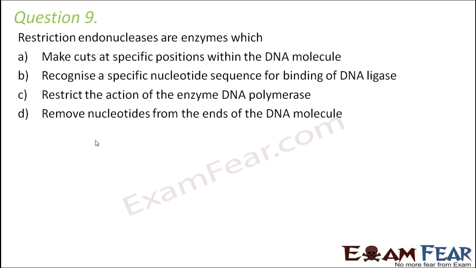Now, what is the primary function of restriction endonucleases? These enzymes cut DNA and generate restriction fragments. So that's the primary function of restriction endonucleases. They actually act as scissors. Therefore, the correct option is A, that is they make cuts at specific positions within the DNA molecule.